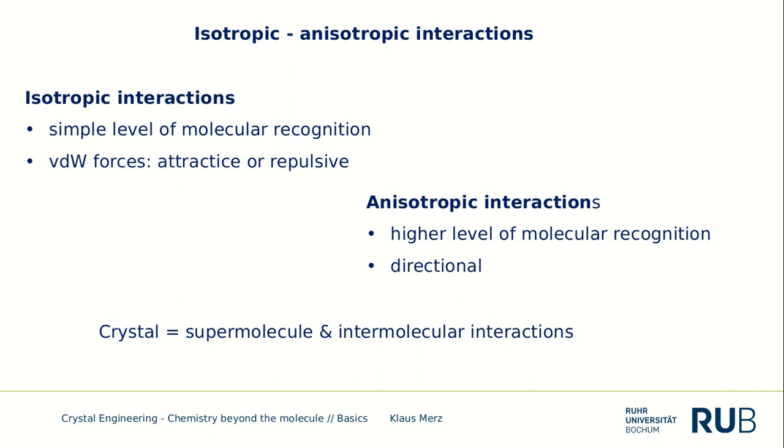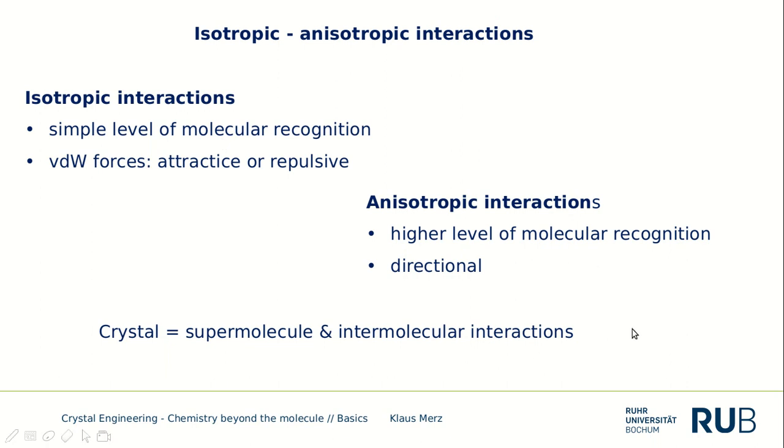At the end of this video, we should announce we have two different classes of interaction. We have isotropic and anisotropic interaction. For the isotropic interaction we have seen van der Waals forces, close packing. This is a very simple level of molecular recognition.